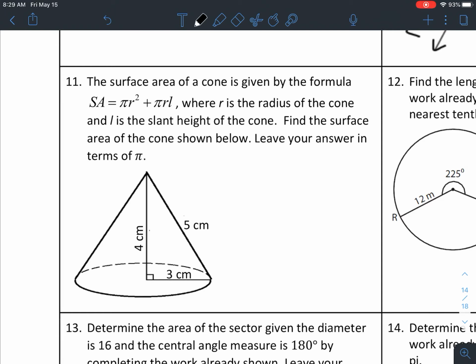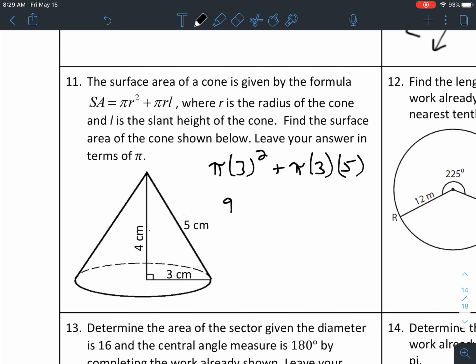So it means we're not multiplying by pi. So we just rewrite this as pi, parentheses, our radius is right here as a 3 squared, plus pi times radius 3 times our length, which they said is the slant height, which is the 5 right here, because that's our slant.